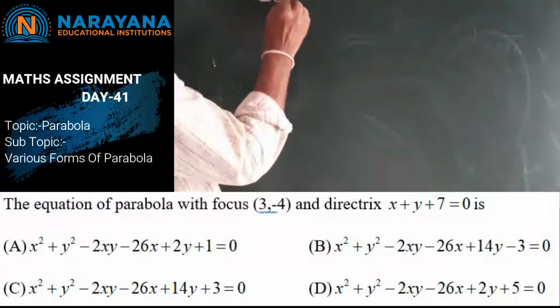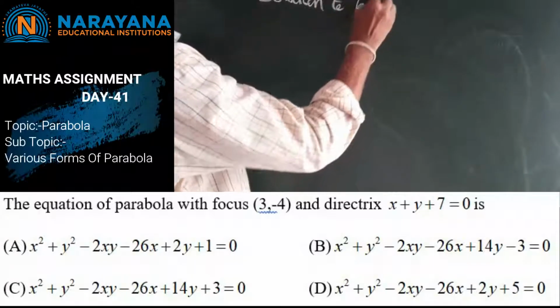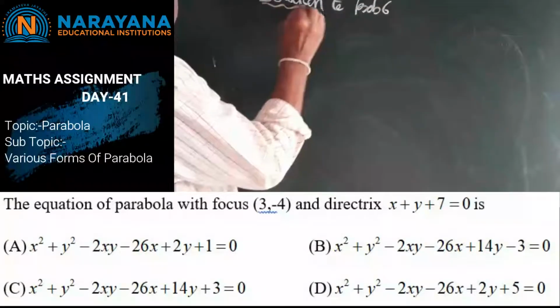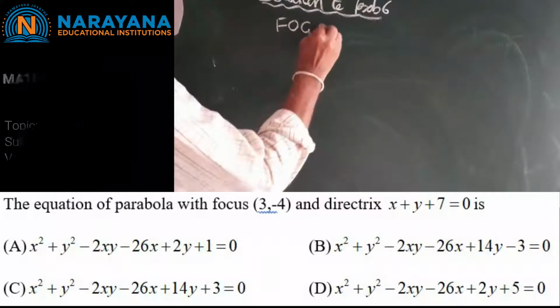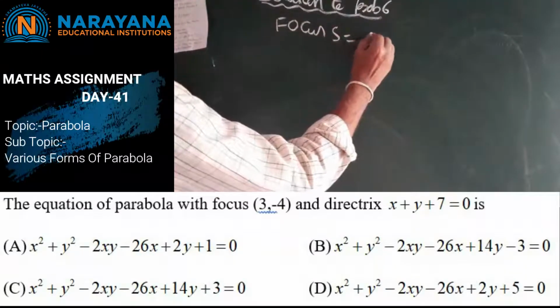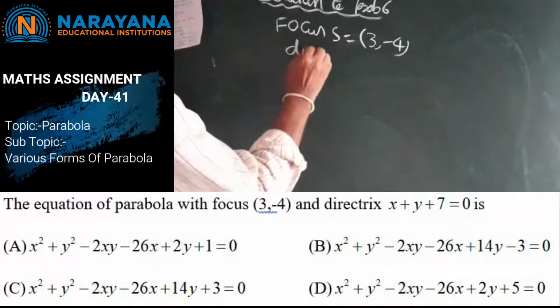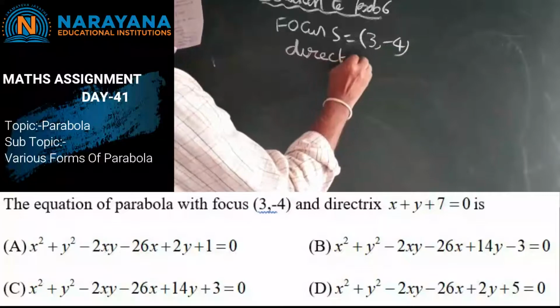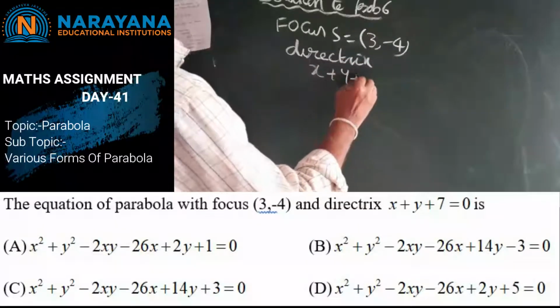Solution to problem number 6. Focus S is given by (3, -4). Directrix x + y + 7 = 0.